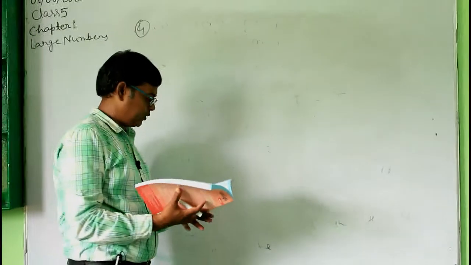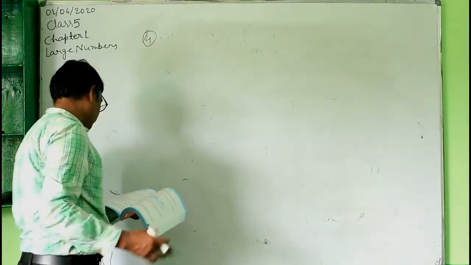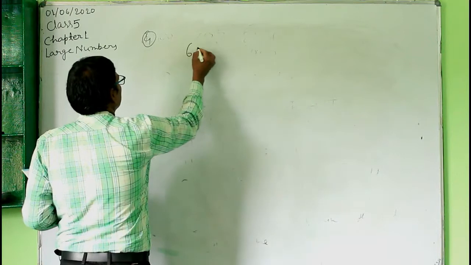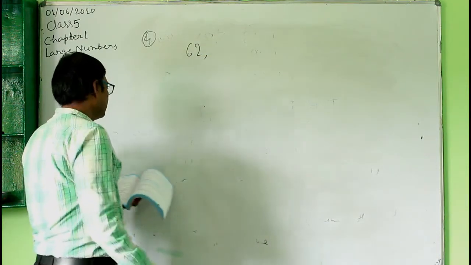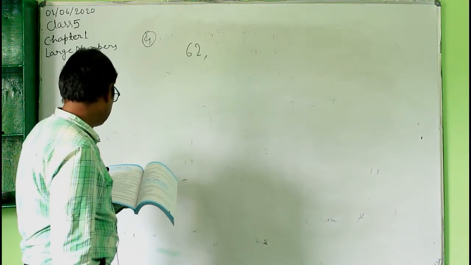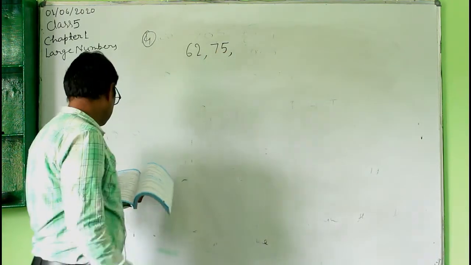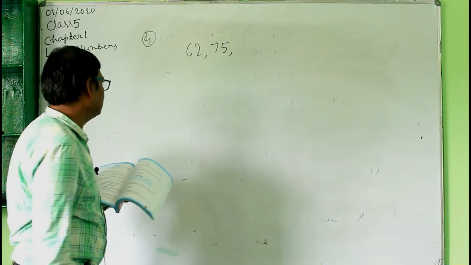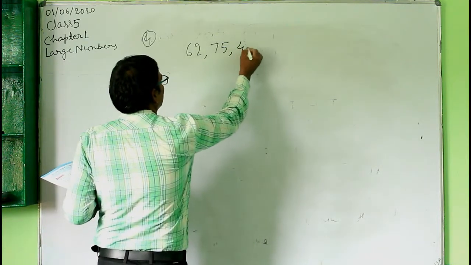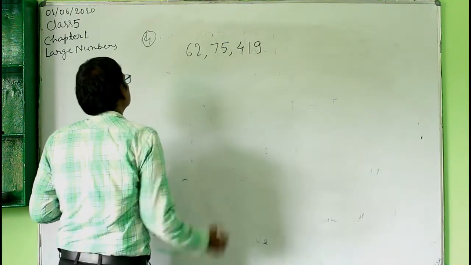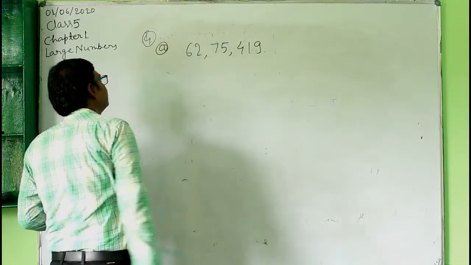So what is the answer of this? 62 lakh, so write 62 lakh here, and then 75,000, and then next is 490. So this is the answer of question A.